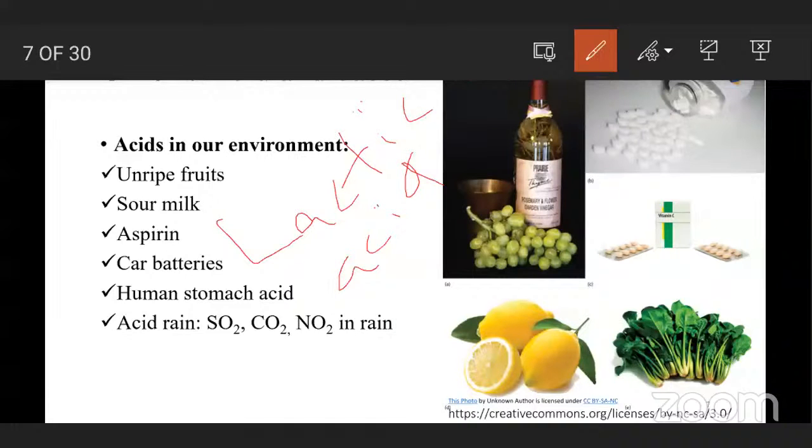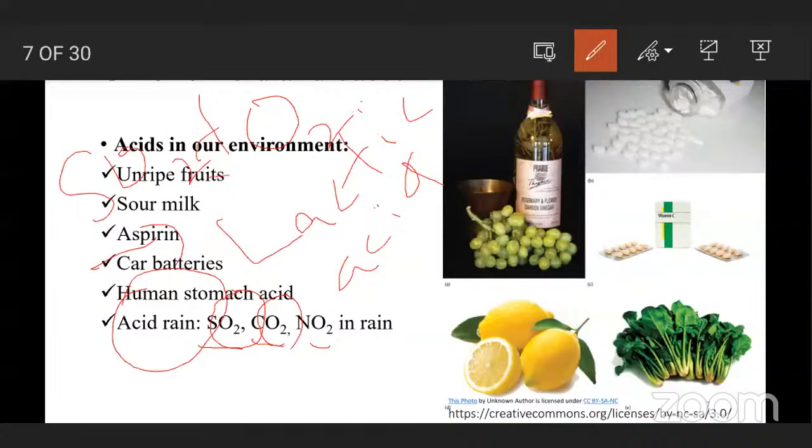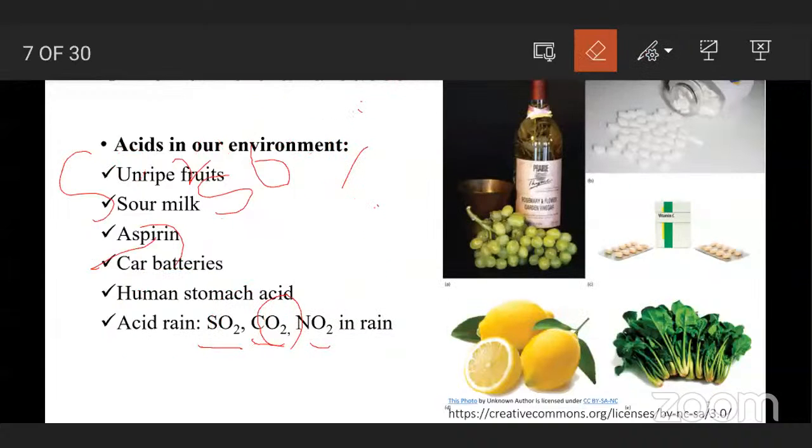In the environment also, we may have some acids, for instance, in what we call acid rain. We may have some dissolved acidic gases like SO2, CO2, NO2. When SO2, possibly in the presence of some energy up there, maybe light energy, interacts with atmospheric oxygen, we will be having this SO3 gas.